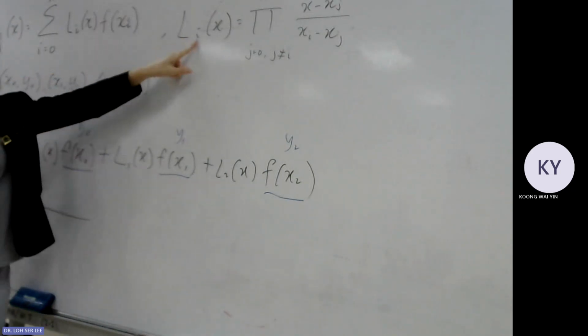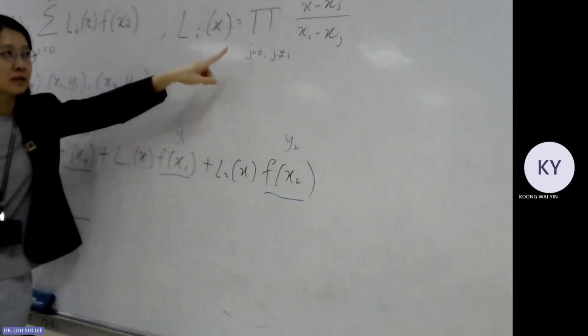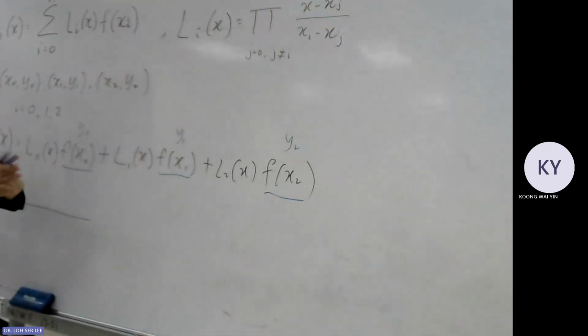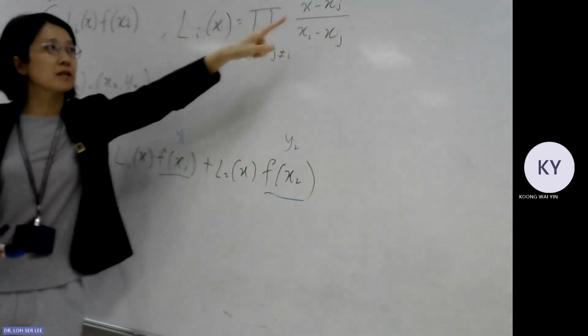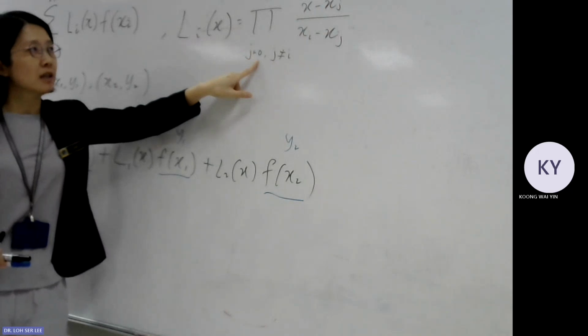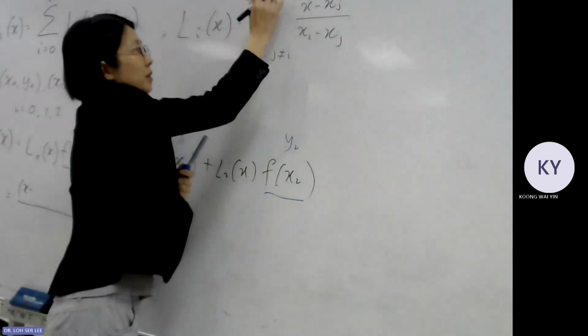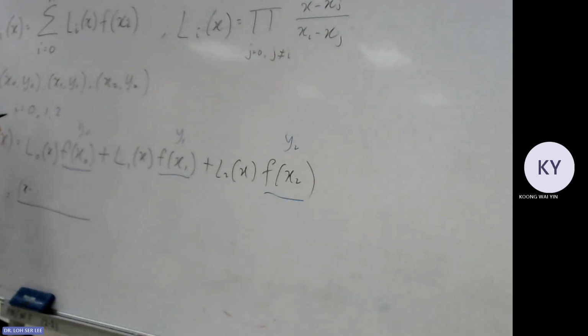When i is 0, we have this, so we start from x minus x0. This one is j, so your j starts from 0 up to your n, which is 2 now. So not only i, your j is also starting from 0, 1 to 2. Both your i and j index values are 0, 1, 2. Because this is your i.